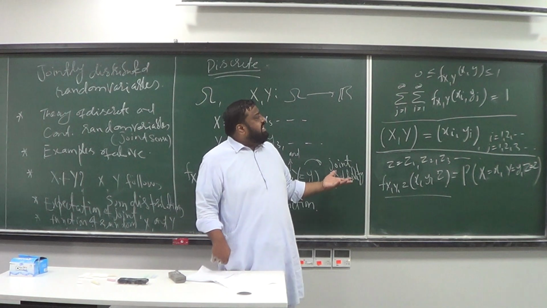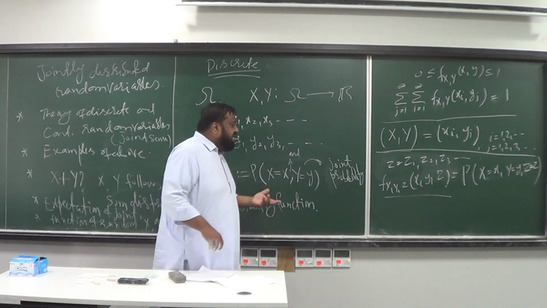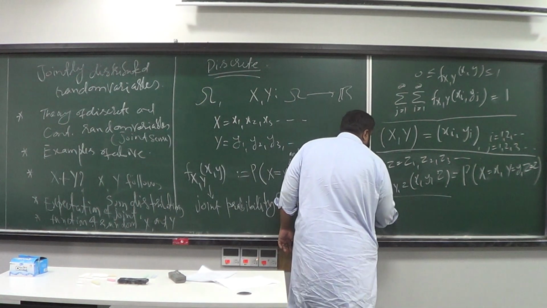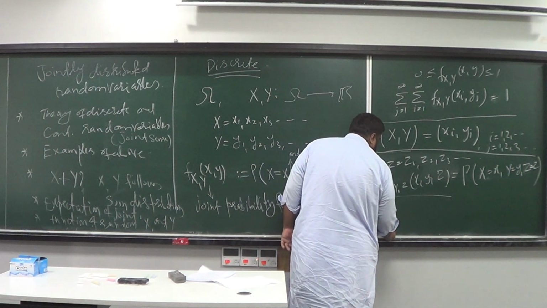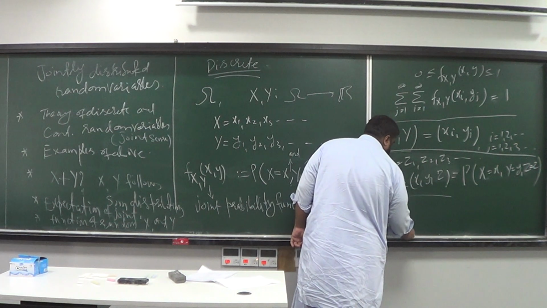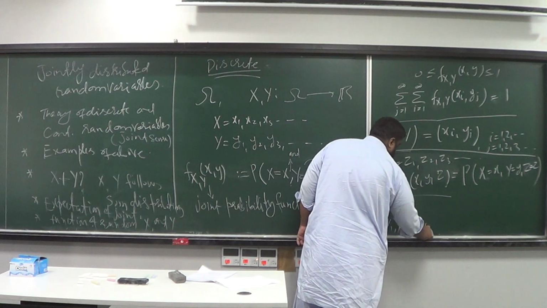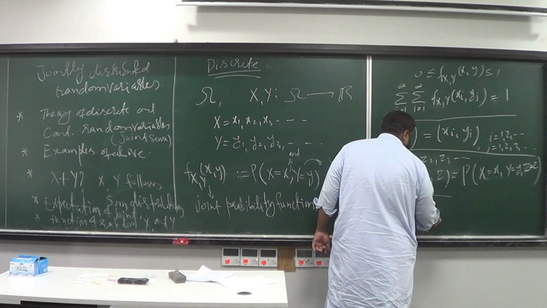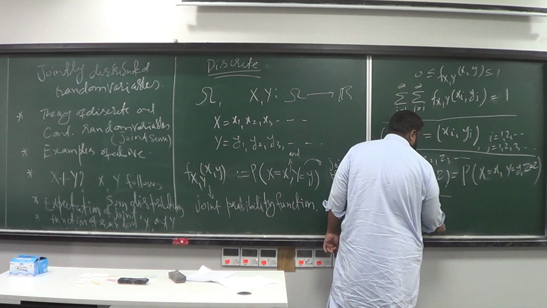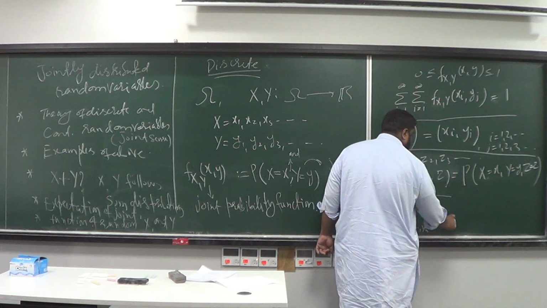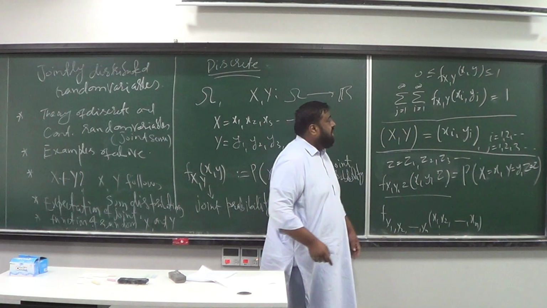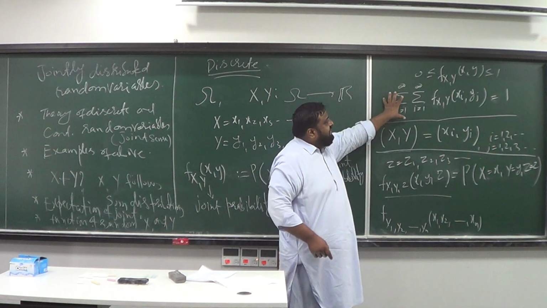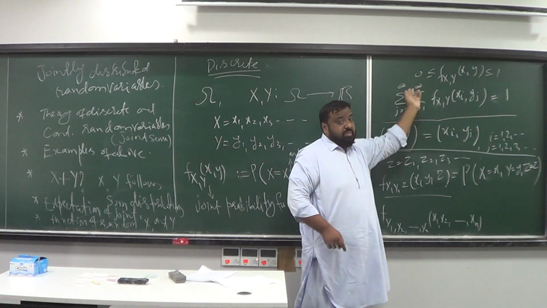And you can extend it even further. Instead of having 3 random variables, imagine I have n random variables, x1, x2, up to xn. Then what would be the meaning of the joint PDF of them? Everything is going to be the same. Instead you're going to have n sums here and the probabilities should be between 0 and 1.